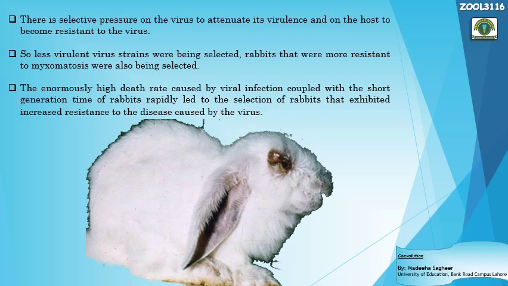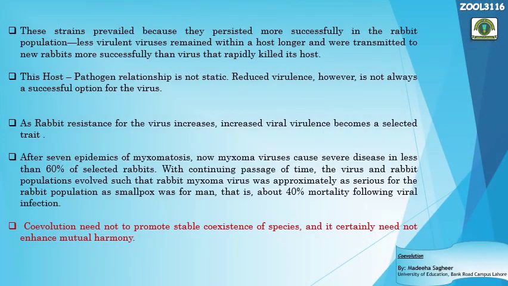Here the first coevolution step was that, with the passage of time, rabbits became resistant to the Myxoma virus, and on the other hand, the Myxoma virus attenuated its virulence, right? This was the first step of the coevolution. Both parasite and host coevolve, but the story did not end here, right?